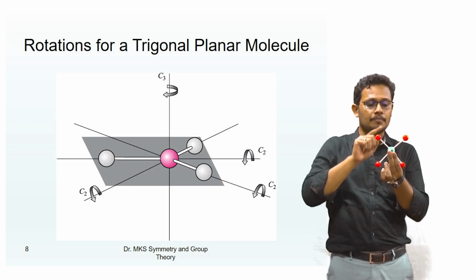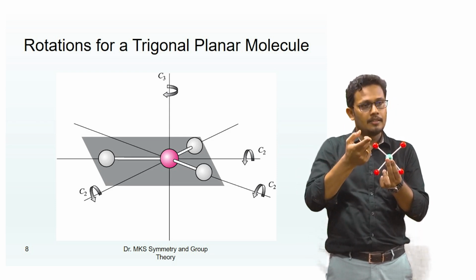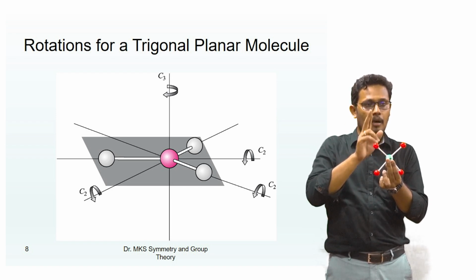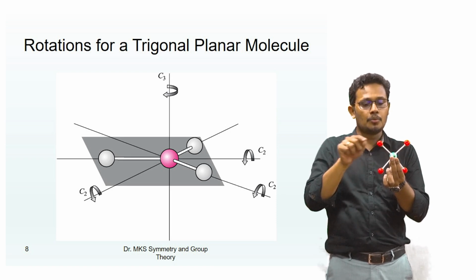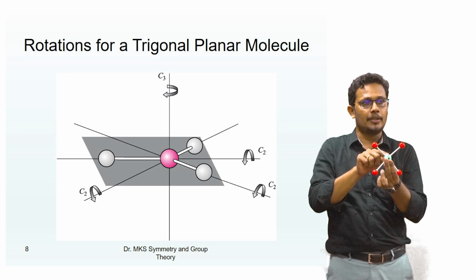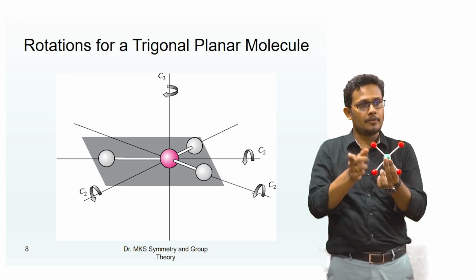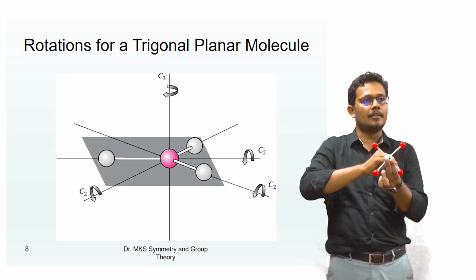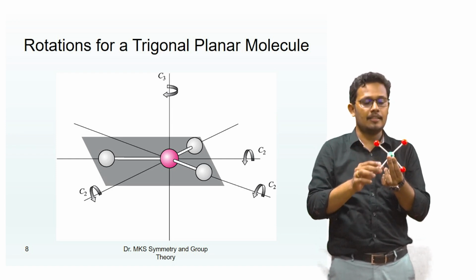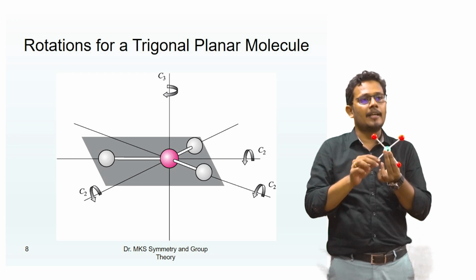So, if the plane bisects 2 C2s, here we have one C2 and here we have a second C2. In between these 2 consecutive C2s, if you pass a plane, that plane is sigma d. This explains dihedral plane, right?